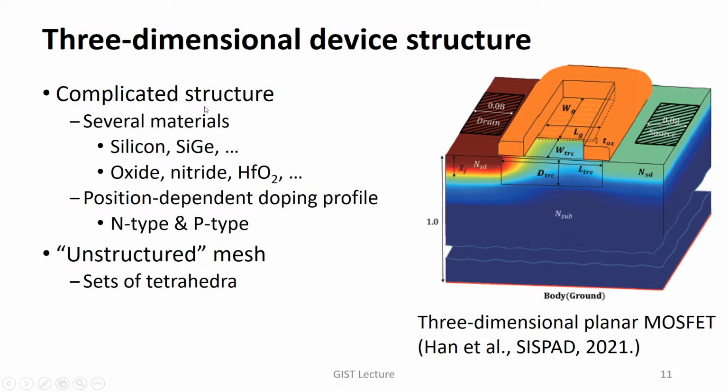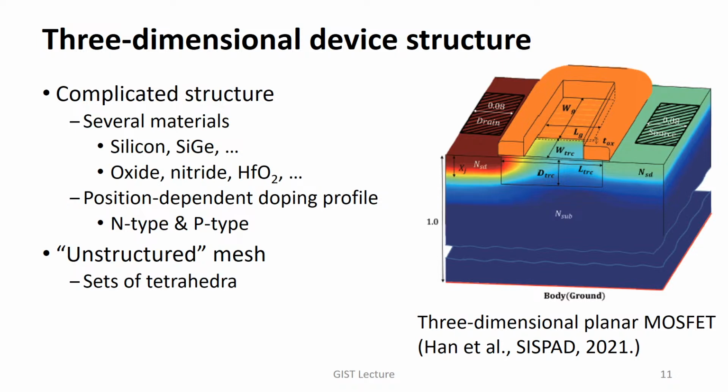Usually the device has many different materials: silicon, silicon germanium, oxide, nitride, hafnium oxide, whatever. And also we have quite rapidly varying doping profiles, like N-type and P-type doping profiles. All of these features make analytic estimation or human insight on this device structure almost impossible.